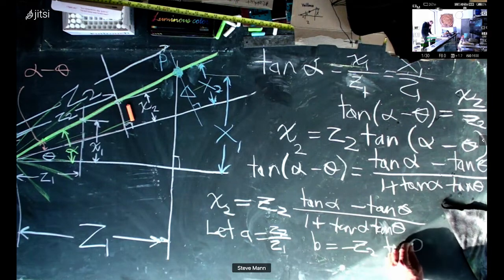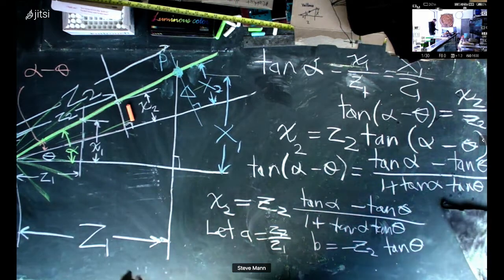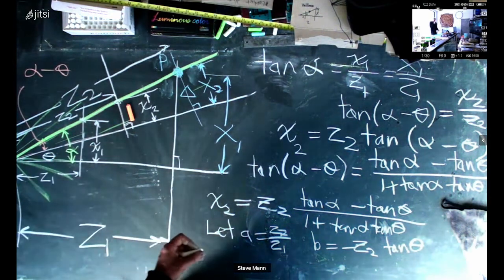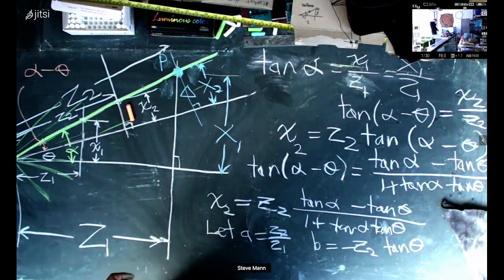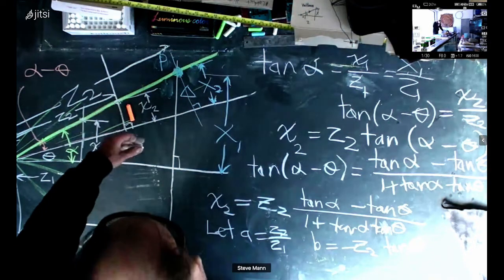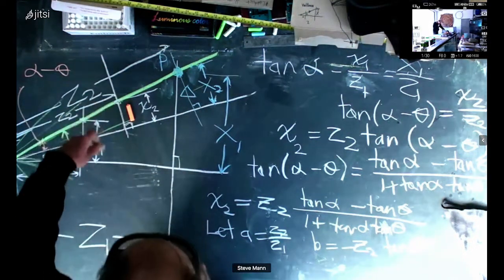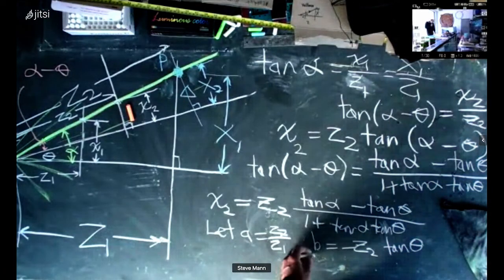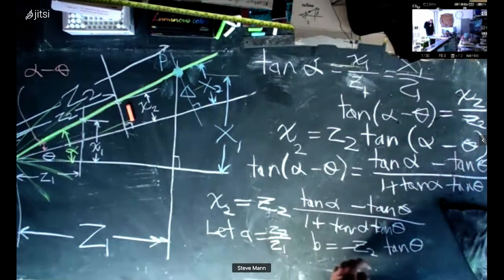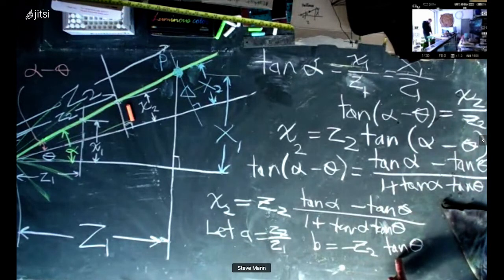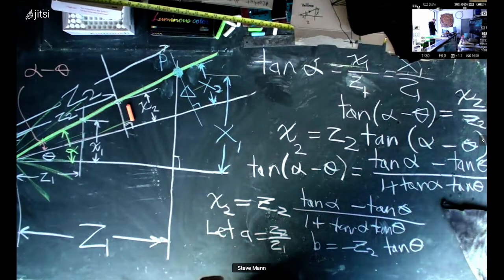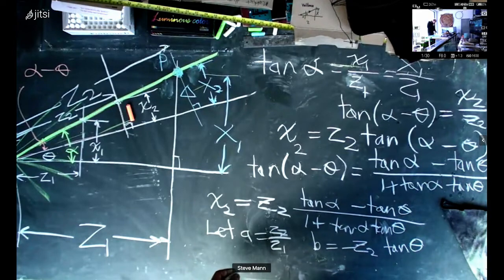And remember that theta is a constant for this situation. So theta is just the constant that describes the angle relationship between the two cameras. And then, of course, the variable x varies throughout the image plane, but for all pixels in the image plane at this moment in time, theta is a constant, and so tan theta is a constant, and z2 times tan theta is a constant, and negative z2 tan theta is a constant. We'll just for convenience call that B.